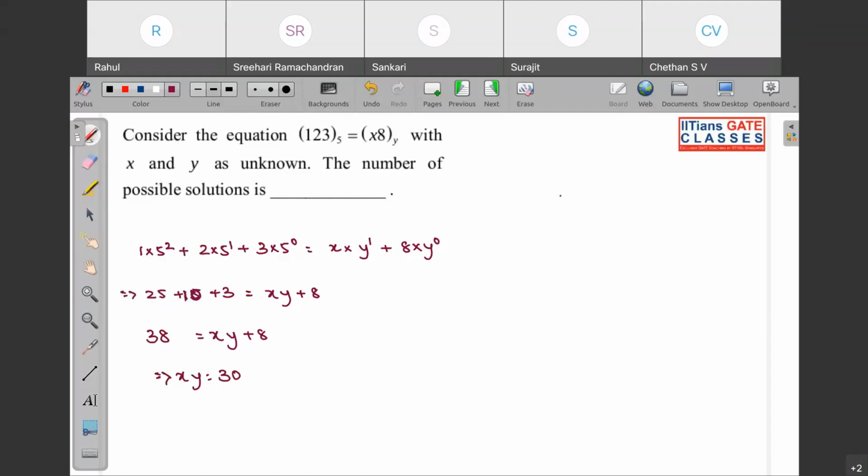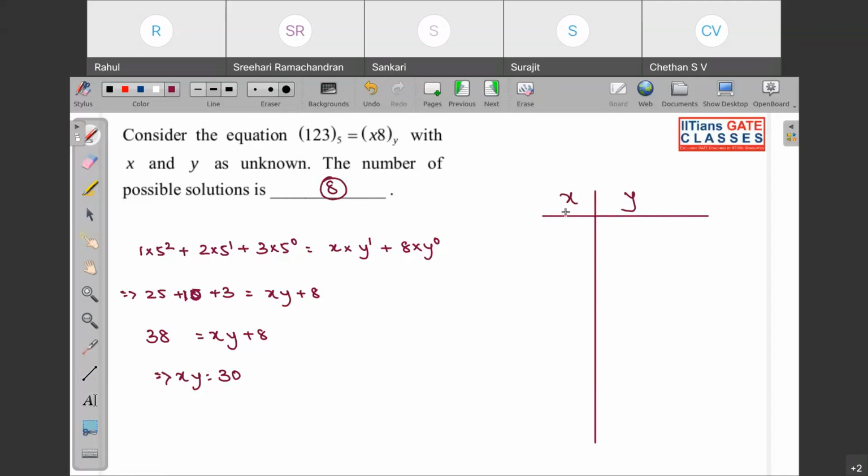Now what can be the combination of x and y so that I get 30? So 8 possible you guys are telling. Possible solution is 8. Okay, Surajit is telling 8.